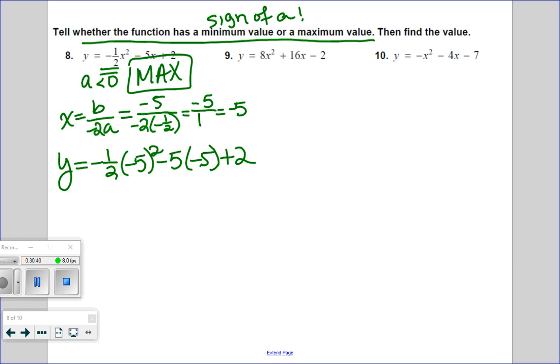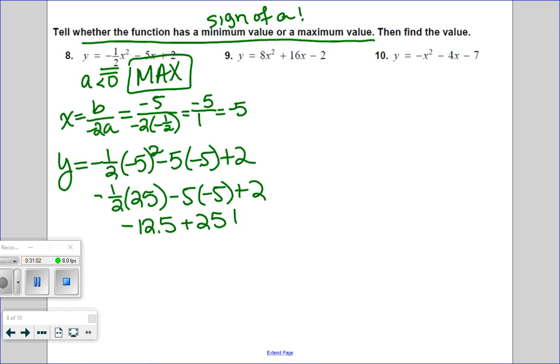Okay, so let's try that. Negative 5 squared is a positive 25. And then negative 1/2 of 25 is negative 12.5. By the way, negative 5 times negative 5 is also a positive 25 here.